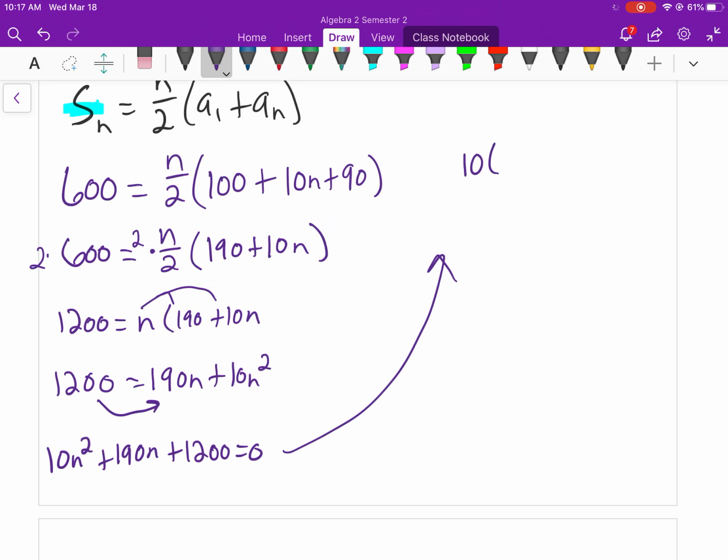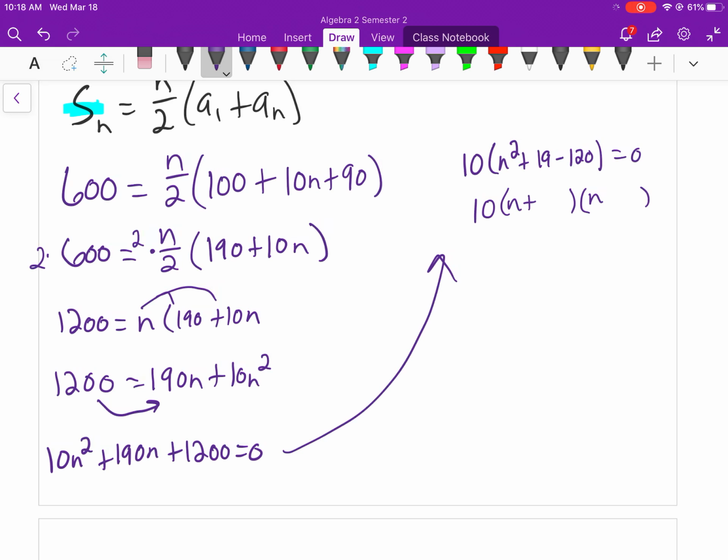Okay, let's move up here. I can factor a 10 out of all of that, so 10 times n squared plus 19n plus 120. Looking at that, I see that it can factor. 10 times, they have to be n.